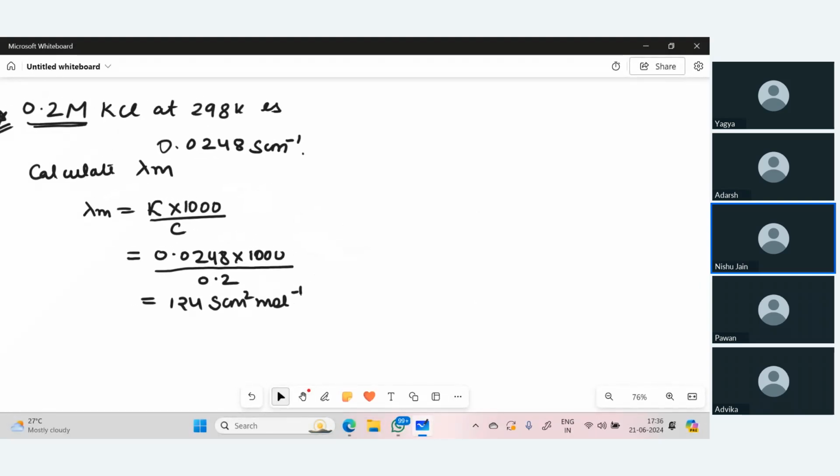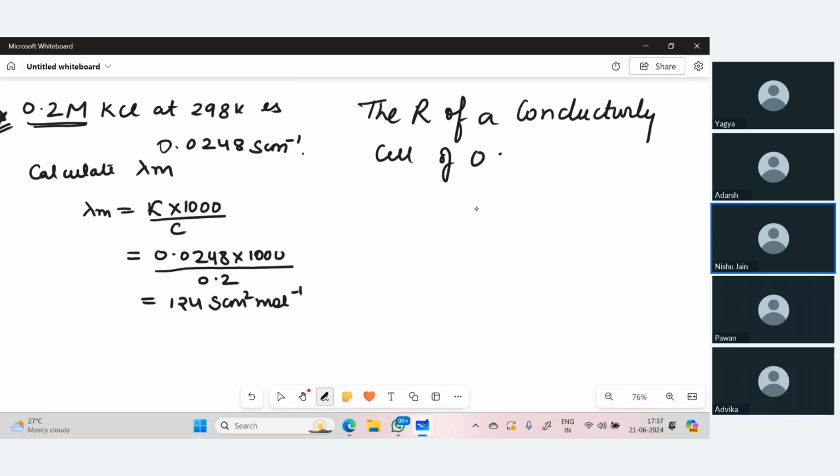I'm giving you one more numerical, then we will come to the next topic. Write down the next one. The resistance of a conductivity cell of 0.001 molar KCl is 1500 ohms.